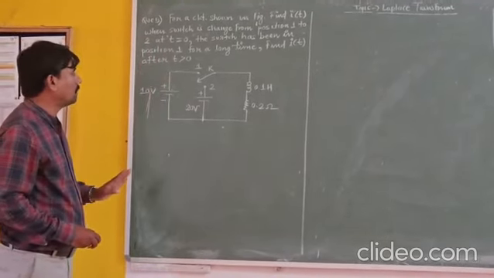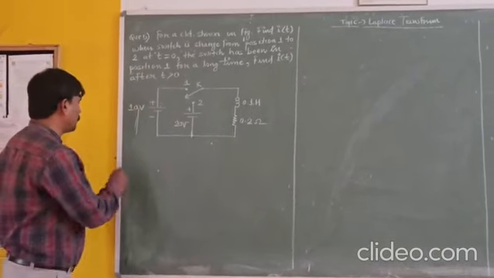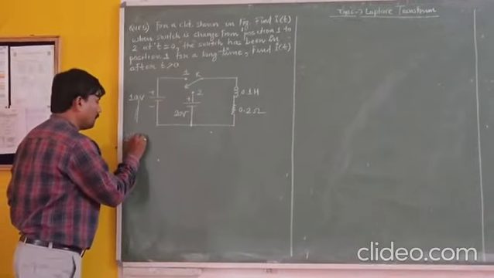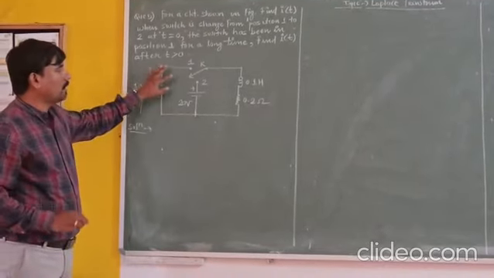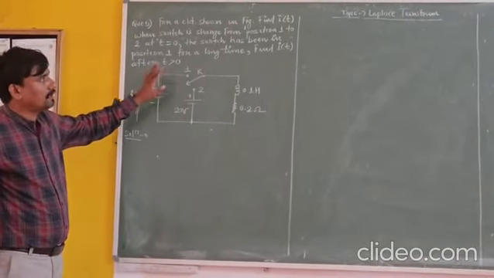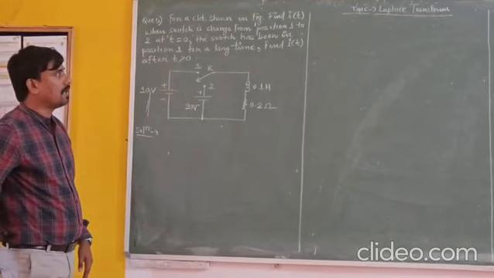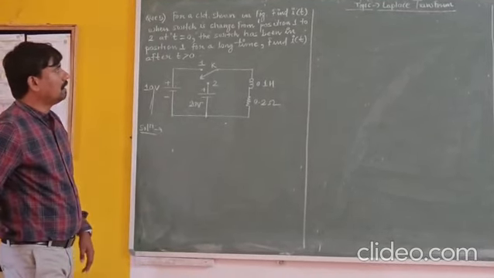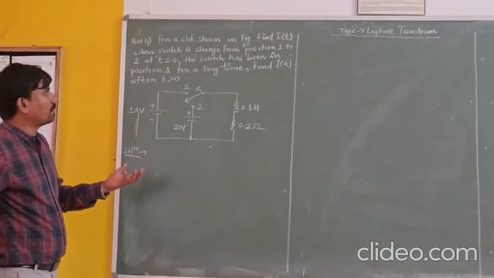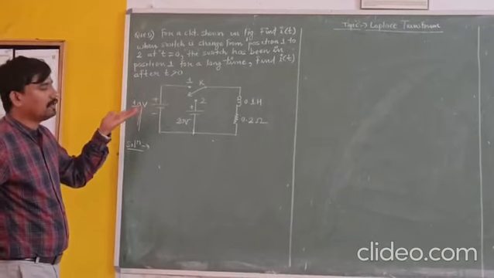Now we have to find the solution for this particular circuit. If we are going to solve any type of circuit under transient analysis using Laplace transform, first of all you have to understand the problem statement that is given inside the question.